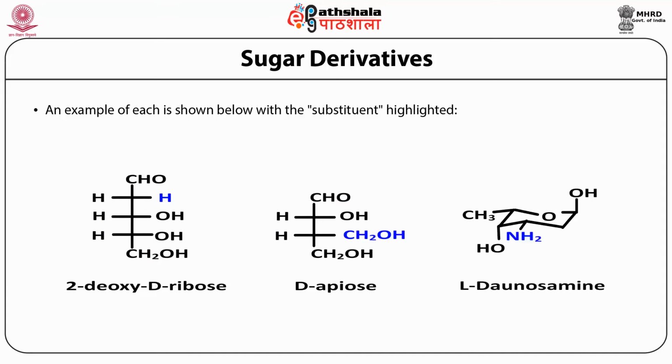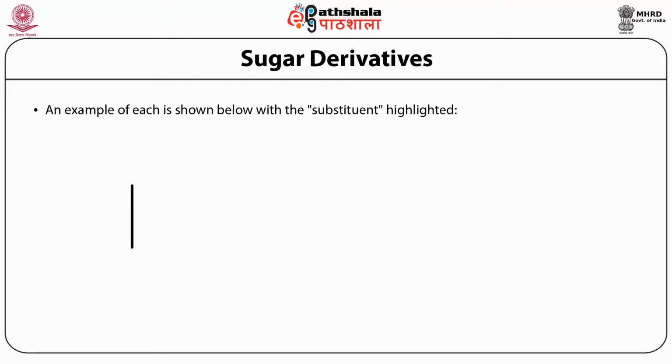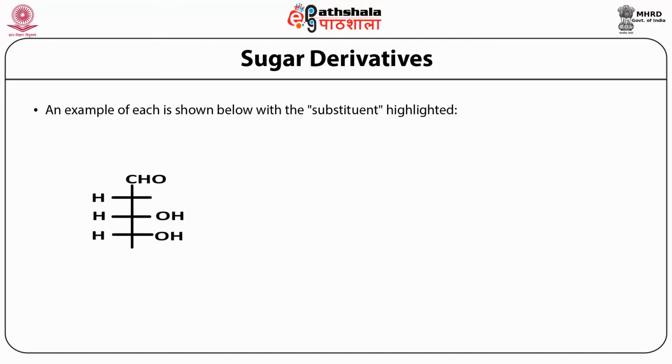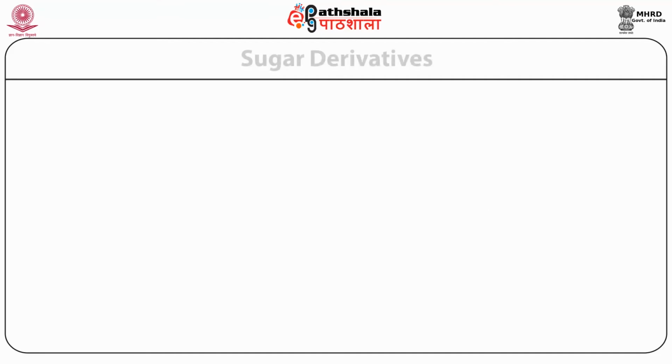And in the third example, that is L-donosamine, where the sugar is present in the cyclic form, and at the C3 position, the OH group has been replaced by an amino group. So it is giving a different chemical nature to this compound and hence different functionality.